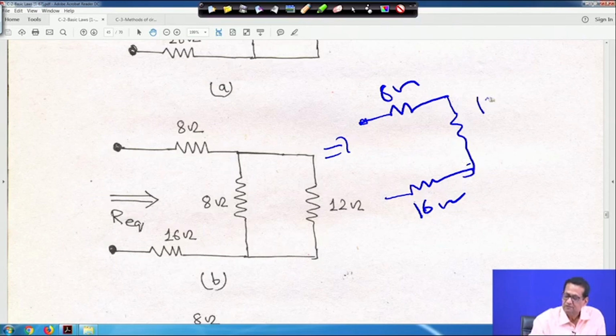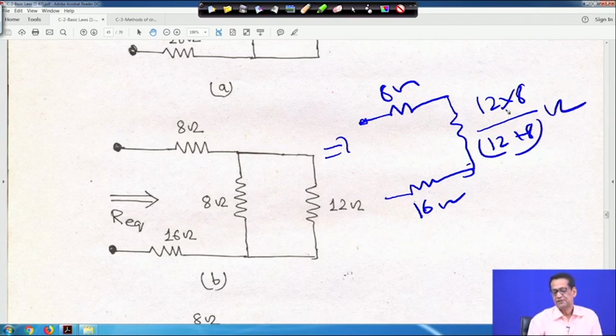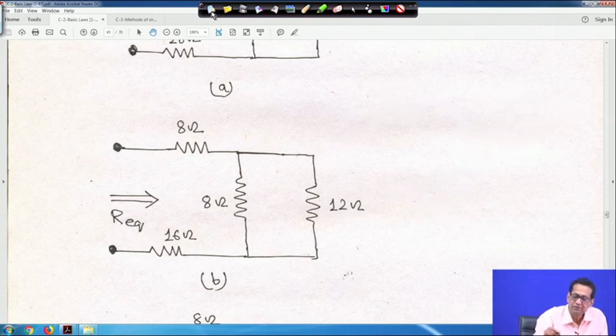So, it will be 12 into 8 by 12 plus 8, whatever it comes, 96 by 20. So, 8 plus 96 by 20 plus 16, that will be your equivalent resistance, right.